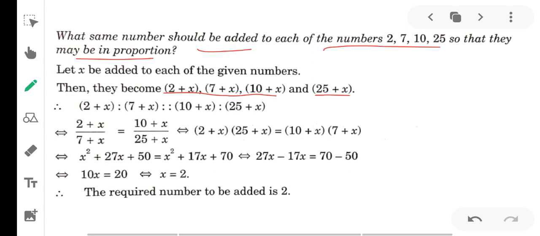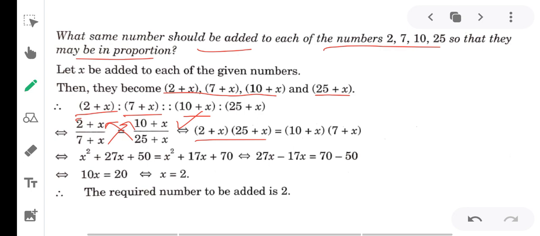Since they are in proportion, you can write 2 plus x is to 7 plus x equals 10 plus x is to 25 plus x. Now we can write this proportion as (2 plus x) by (7 plus x) equals (10 plus x) by (25 plus x). Up to this clear? Now we'll do cross multiplication here. So 2 plus x multiplied by 25 plus x equals 10 plus x into 7 plus x.